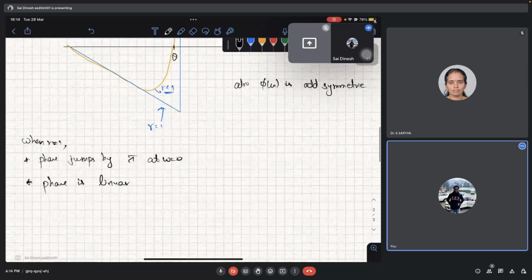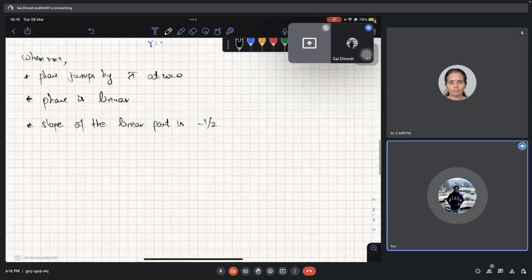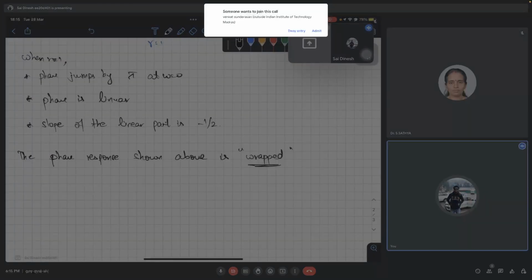Phase is linear, and finally the slope of the linear part is minus 1 by 2. The phase response shown above is the wrapped version of it, and then there is the unwrapped version.